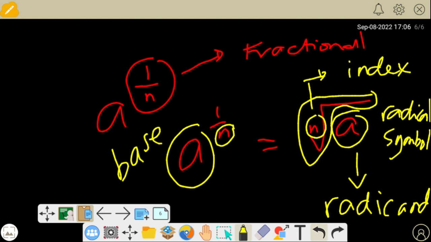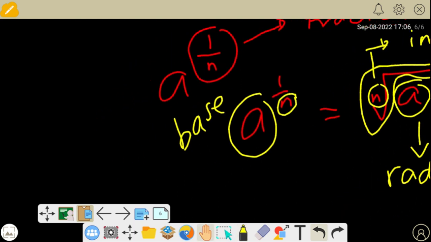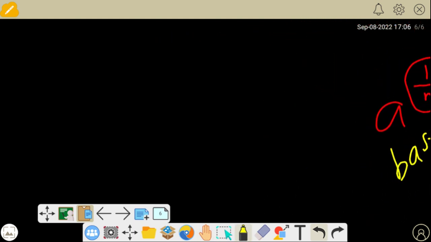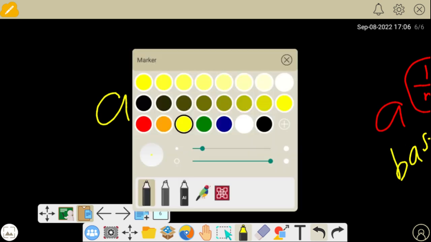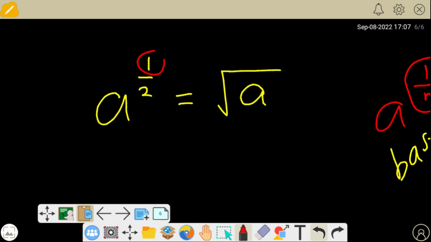So if we have a raised to 1/2, this becomes square root of a. But remember, the 1, the numerator of the exponent, is just the exponent of the radicand.